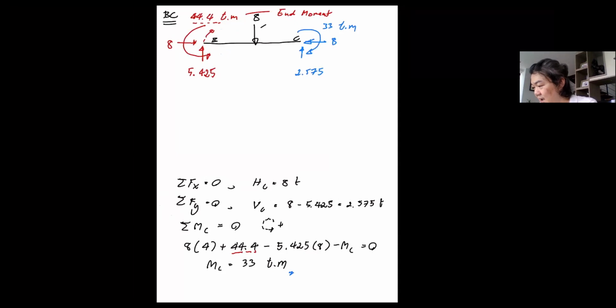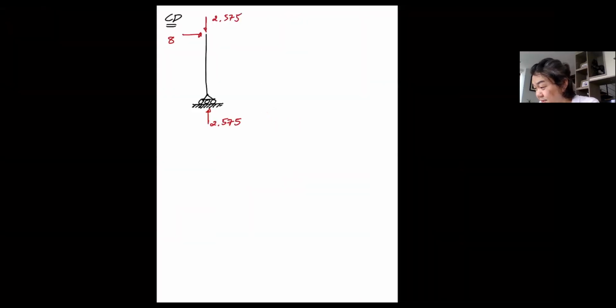And then you also have this moment at the end, 33 ton-meter clockwise. So it comes here as 33 ton-meter counterclockwise. And then what else do we have here? We also have this and then that, right?